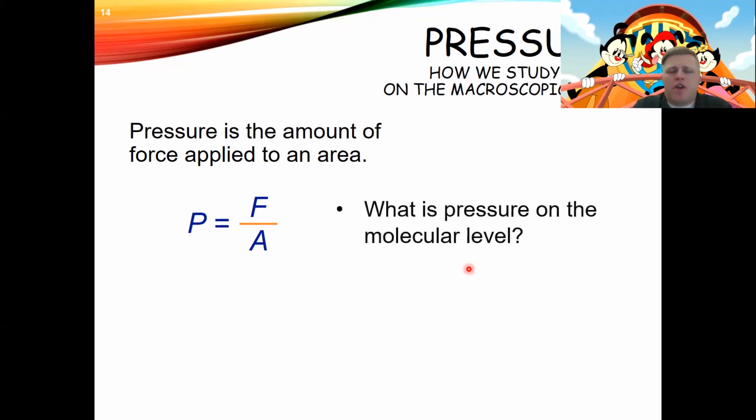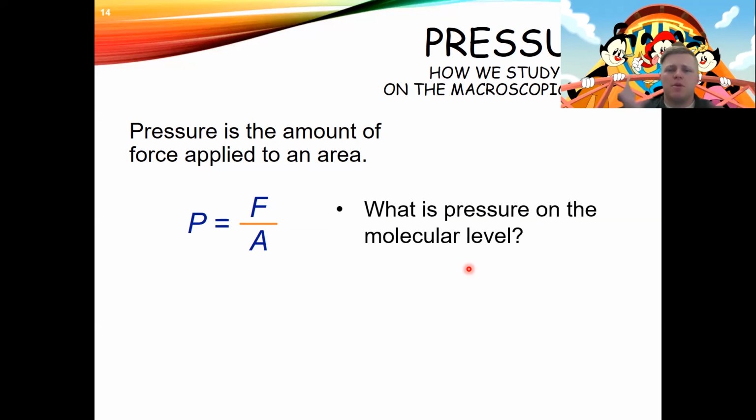But what is this pressure being caused by on the molecular level? Why do we have a pressure? Well, pressure is just impacts between molecules. So the pressure that you feel on your face, or, let's say you get in a pool and go underwater and you start feeling that pressure on your ears, that pressure is just gas molecules hitting into you.